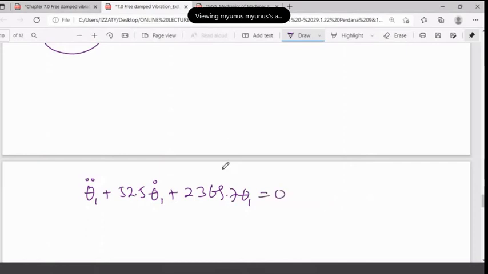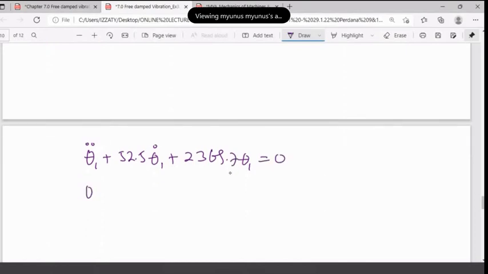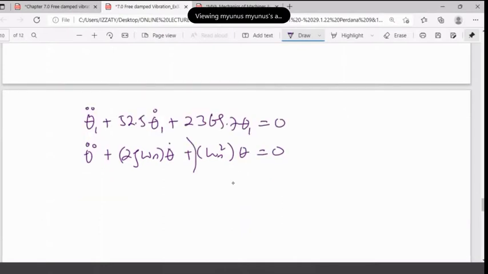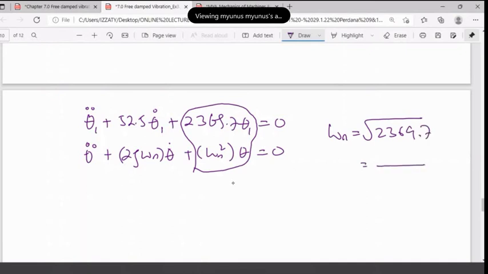And we are going to equate this one with theta double dot plus, remember the equation that we did earlier, 2 zeta omega n theta dot plus omega n square theta equal to 0. So by equating this one, you will get omega n. Omega n is equal to the square root of 2369.7, which will give you 48.7 radian per second.